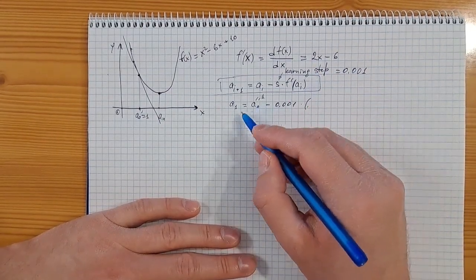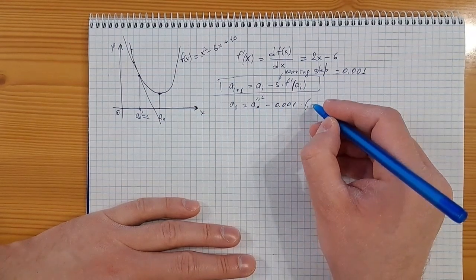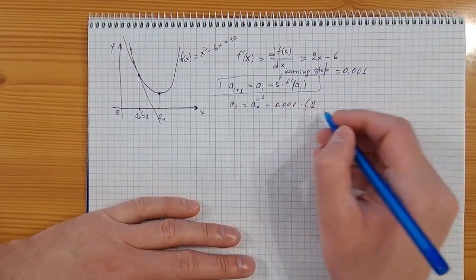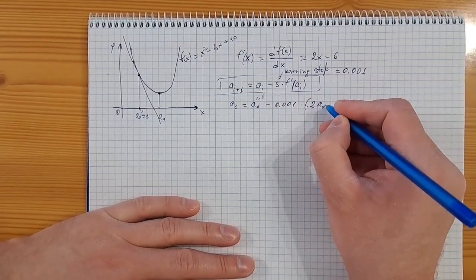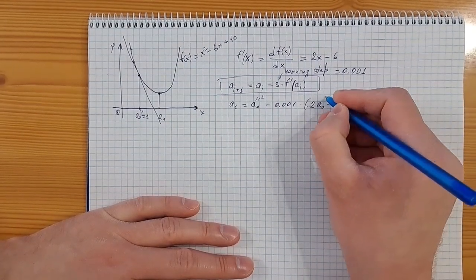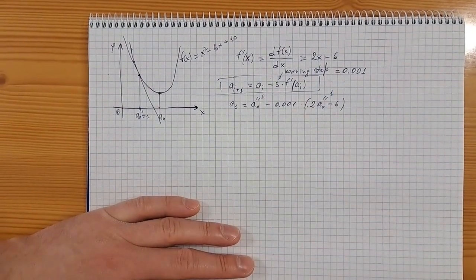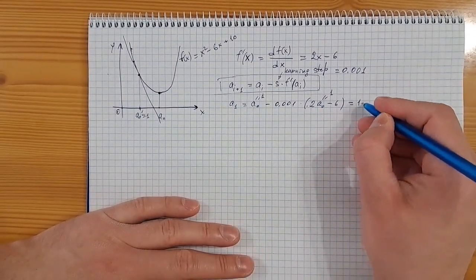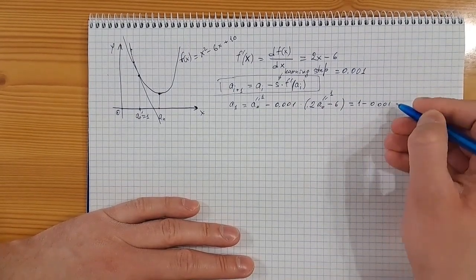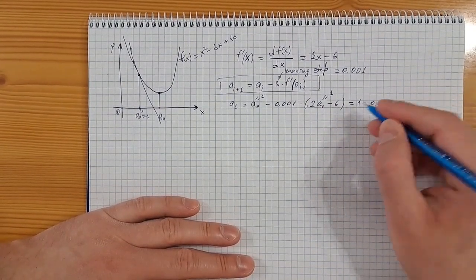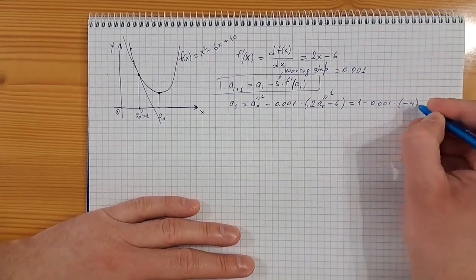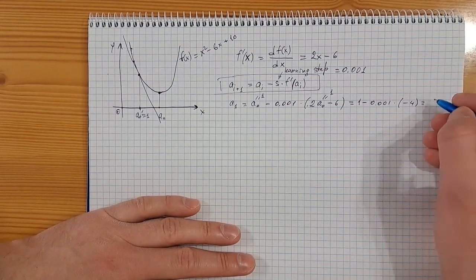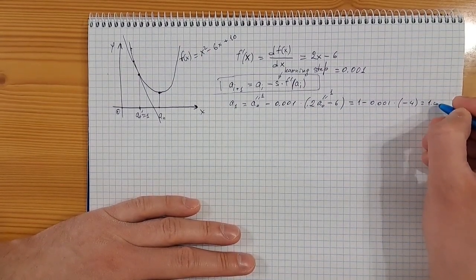And we substitute 1 for x, which is also a0. So a0 is equal to 1, and now we're going to calculate a1. So a1 is equal to 1 minus 0.001 times 2 minus 6, which is minus 4, and this equals 1.004.